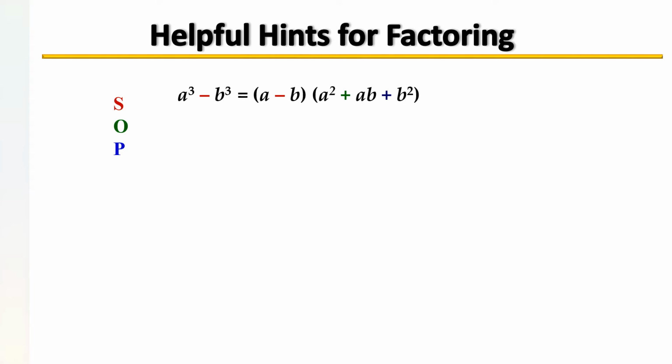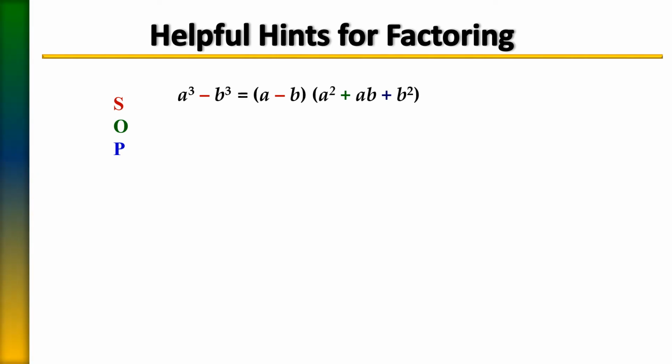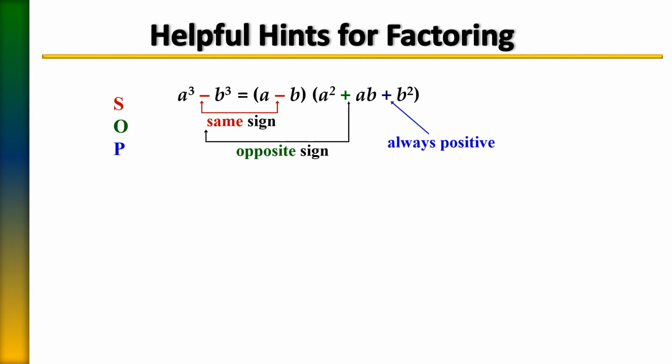So that is how you fill in the signs with your binomial and your trinomial. And if you have a difference of cubes, it is still the same thing. Your signs will be SOP, same, opposite, positive. So the first sign, the one that's in the binomial, will be the same as the difference of cubes you were given. Your next sign will be the opposite, and your last sign will always be positive.